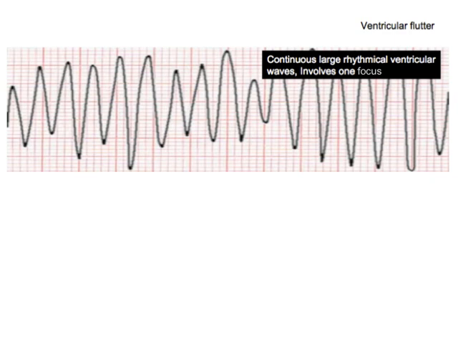So large rhythmical ventricular contraction that involves one focus that's not involved in the normal conduction pathway sends disorganized electrical signals through the heart, and it ends up looking like a sine wave. There's no clear features of depolarization or normal contraction.